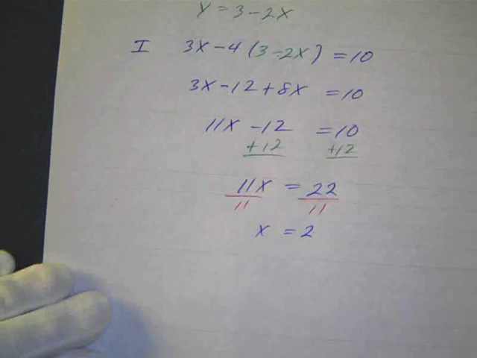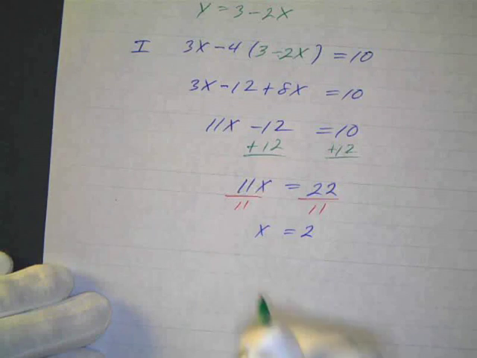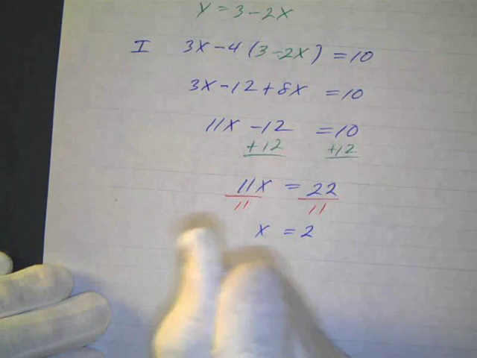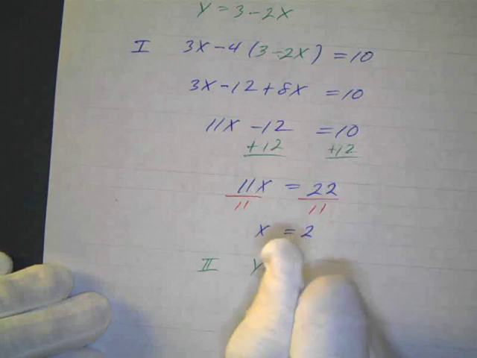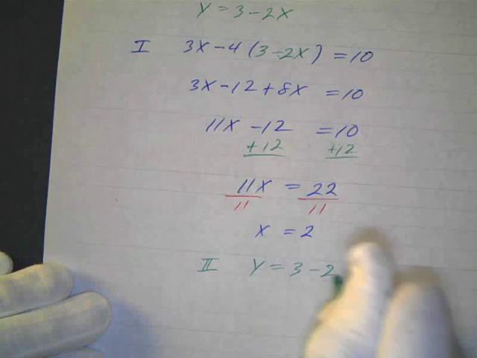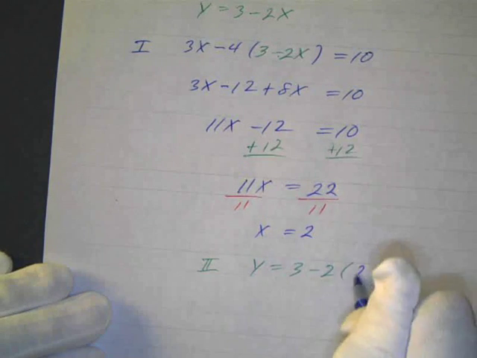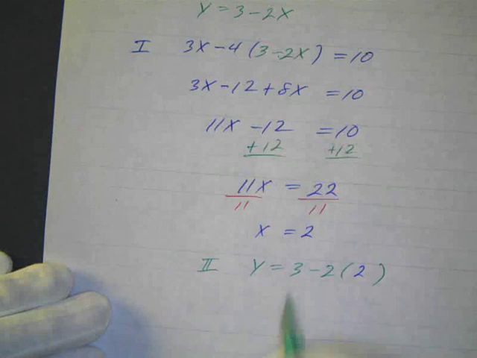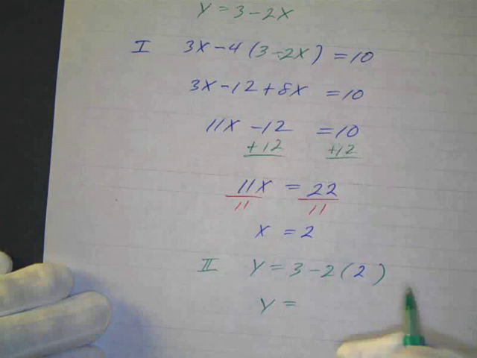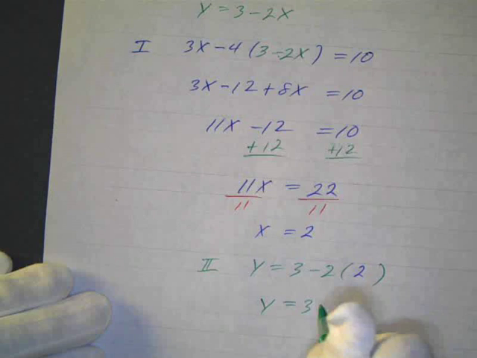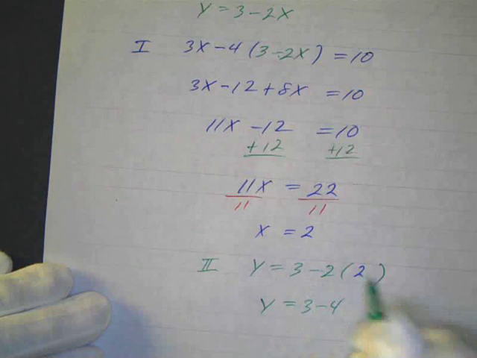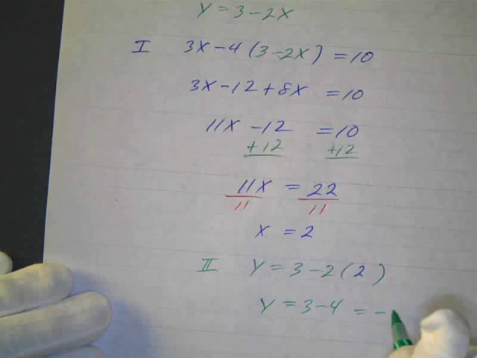Now if I want to find out what y is, I know that from equation number 2, y equals 3 minus 2 times x. And what's x? x is 2. So y equals 3 minus 4, negative 2 times 2 is negative 4, and that equals negative 1.